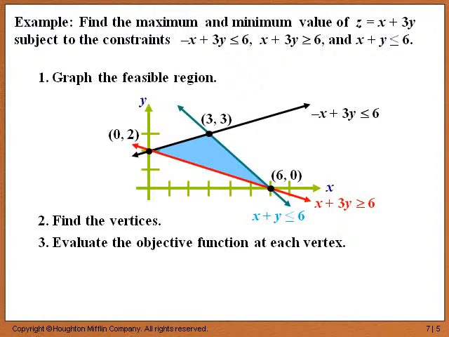Third step, we evaluate the objective function at each vertex, like what we did in the last example. We're going to use the objective function z equals x plus 3y, and we're going to test the value of the objective function for each vertex.